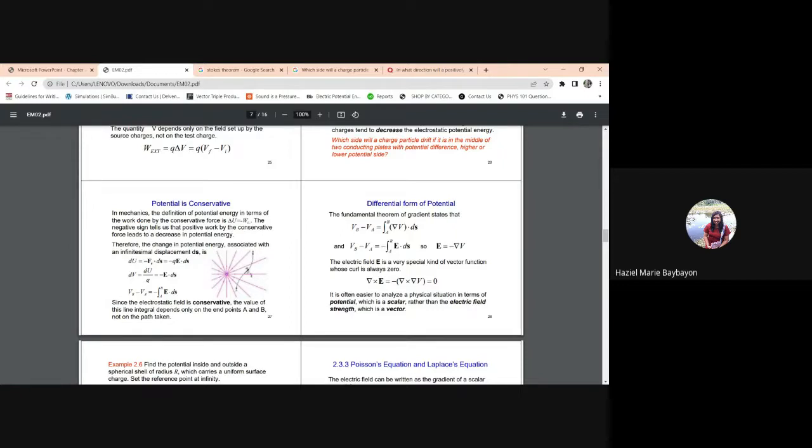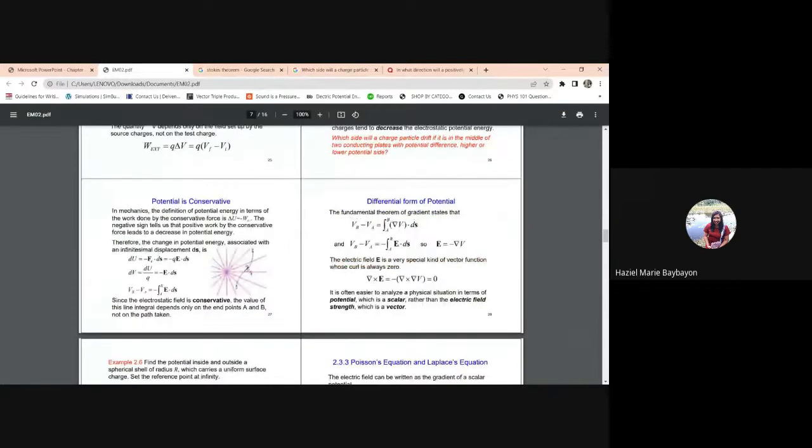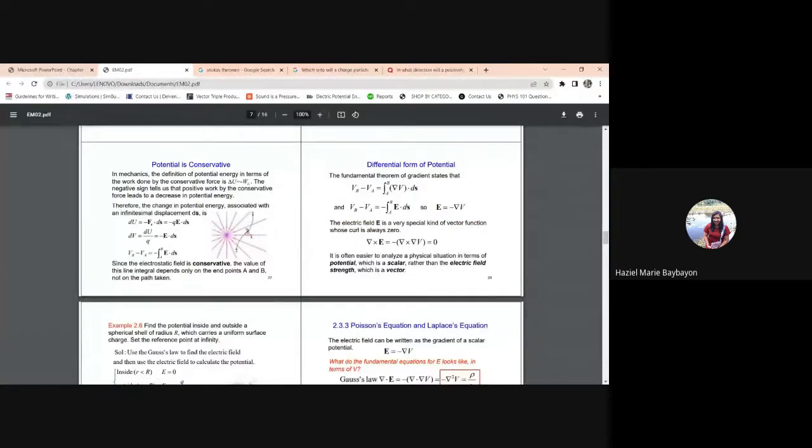Okay, now we also defined dV earlier, no? The change in V is equal to the change in U over Q. So if you wanted to know the infinitesimal change in V, it is equal to the infinitesimal change in U over Q. Now, dU from here is equal to negative Q times E dot ds.